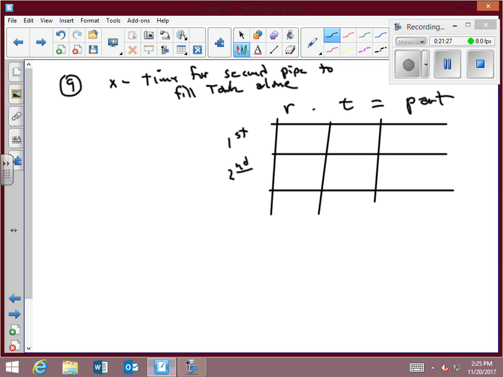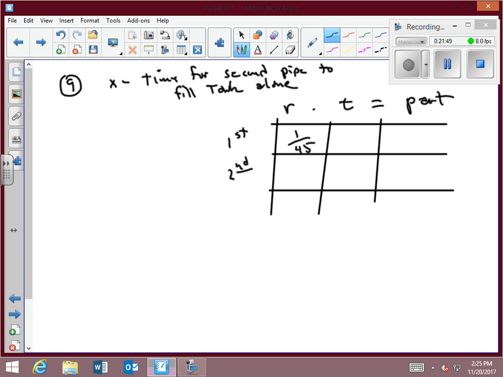So we said we could get a rate for one of them. What was that rate? The one that says 45 minutes working alone. Take your pick, which one do you want to call it? The first pipeline works at a rate of 1/45, right? For the second pipeline, it takes X minutes to fill the tank.